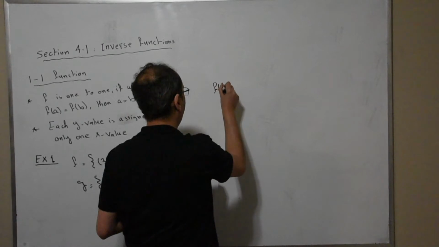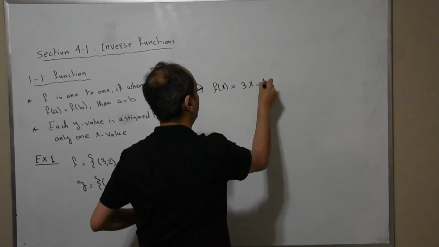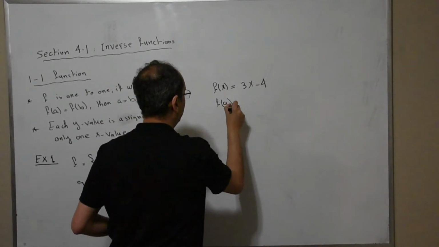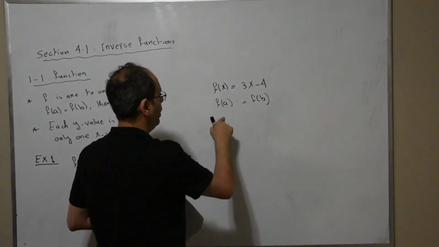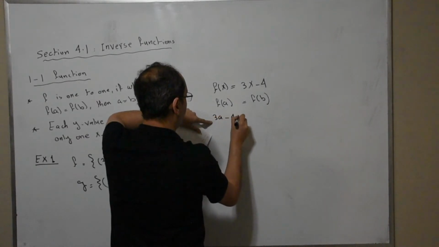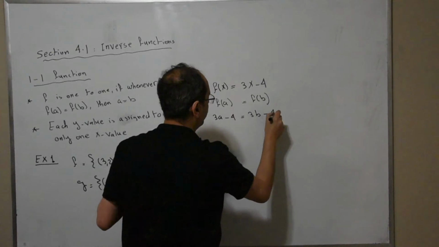I want to test whether f of x equals 3x minus 4 is one-to-one or not. So I would set f of a equal to f of b. What's f of a? I plug a here, so I have 3a minus 4, and I plug b here, I have 3b minus 4.